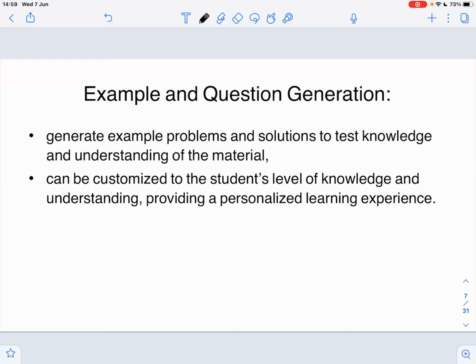So I can, for example, ask ChatGPT to generate 5 multiple choice questions on a particular topic with 5 possible answers, but don't show me the answers. Just show me the questions.